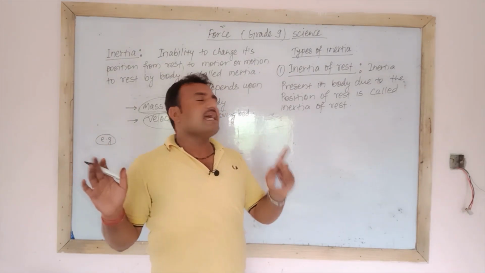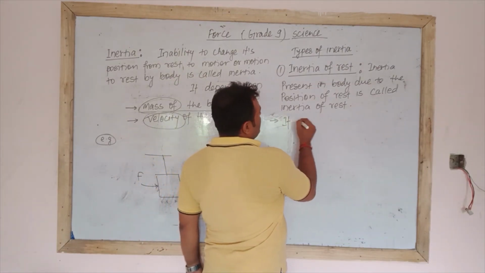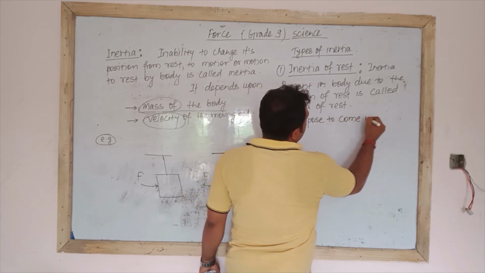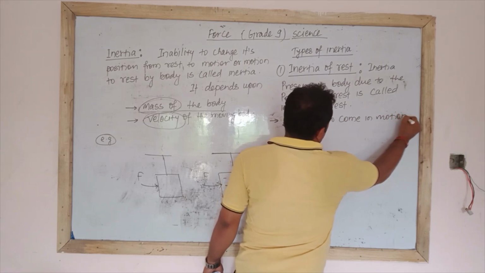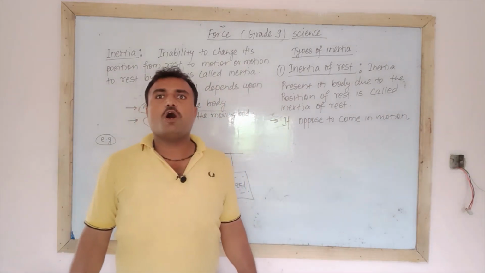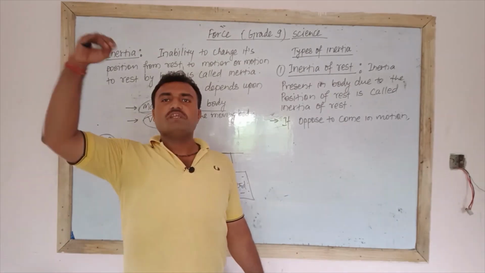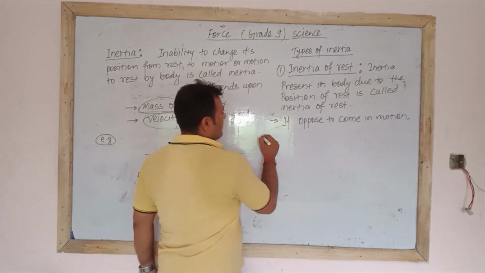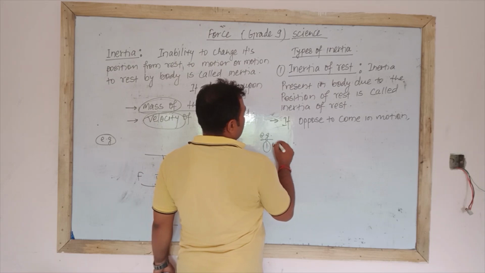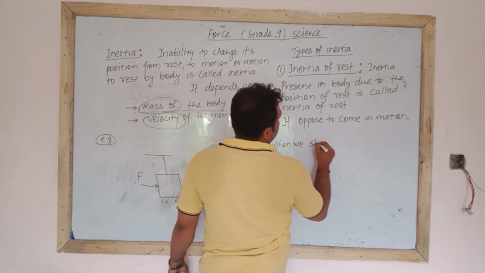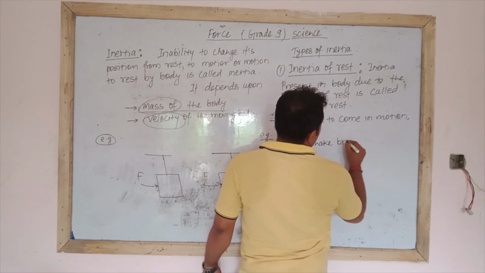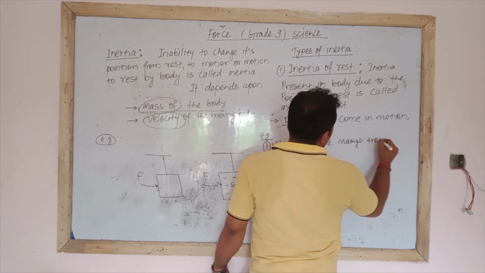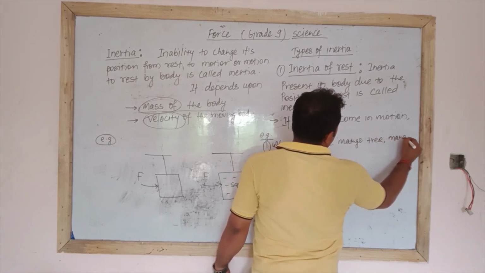And what is its main characteristic? It opposes coming into motion. It means any resting object opposes coming into motion, that is, it tries to remain at rest. As an example, when we shake a mango tree, mangoes fall.